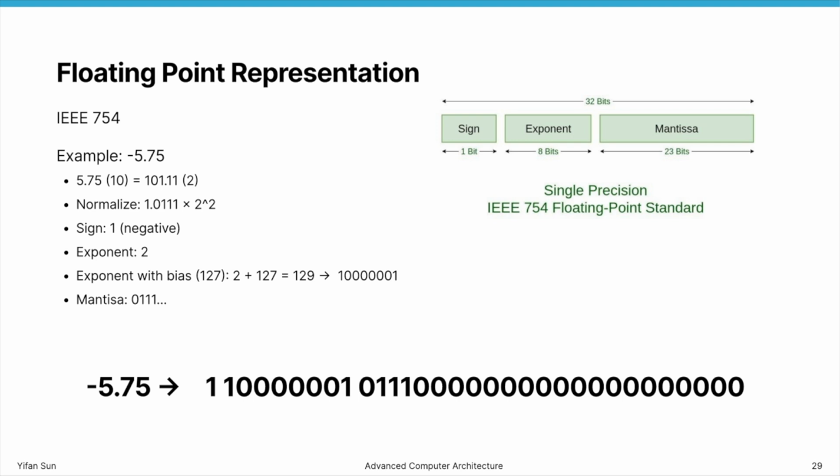Now, the exponent is 2, right? So here, for the exponent, we just write 2 there, or 1, 0. Then here is the exponent with bias. This is how it represents both positive and negative numbers.